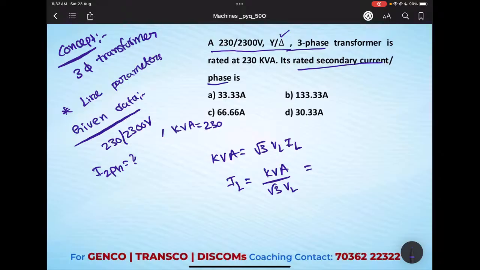What is the kVA? 230 into 10 cube divided by √3 into V2 is 2300. Okay. How much we will get after calculation?